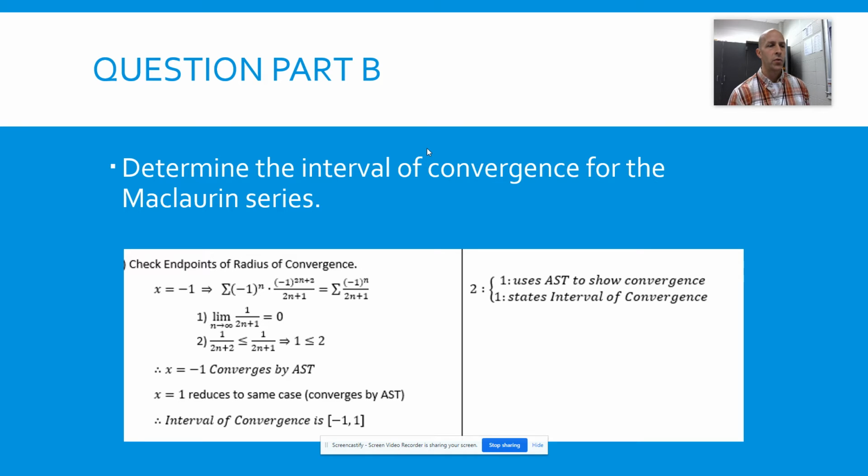When they put x equals 1, that reduces to the same case as above, so that also converges by the AST. And so the interval of convergence is negative 1 to 1, including negative 1 and 1. They get 1 point for using the alternating series test, and 1 point for stating the correct interval of convergence, 2 points.